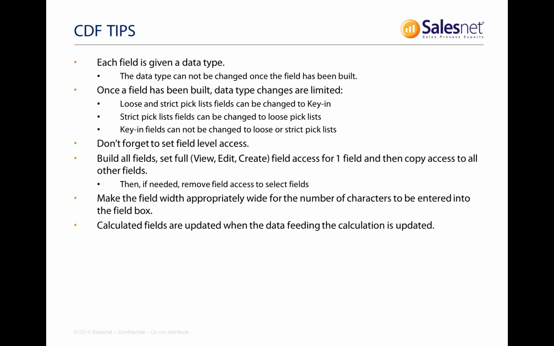And then the other thing to remember about calculated fields is that a calculated field is updated, or the calculation is triggered, whenever one of the pieces of the calculation is updated. So if somebody goes in and changes the revenue streams on an opportunity, and they save the record, the calculation is run and it's updated right at that moment.